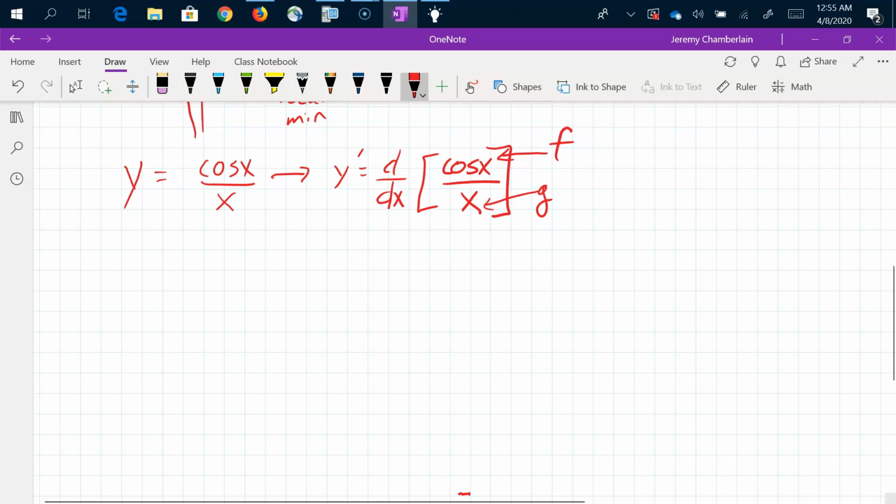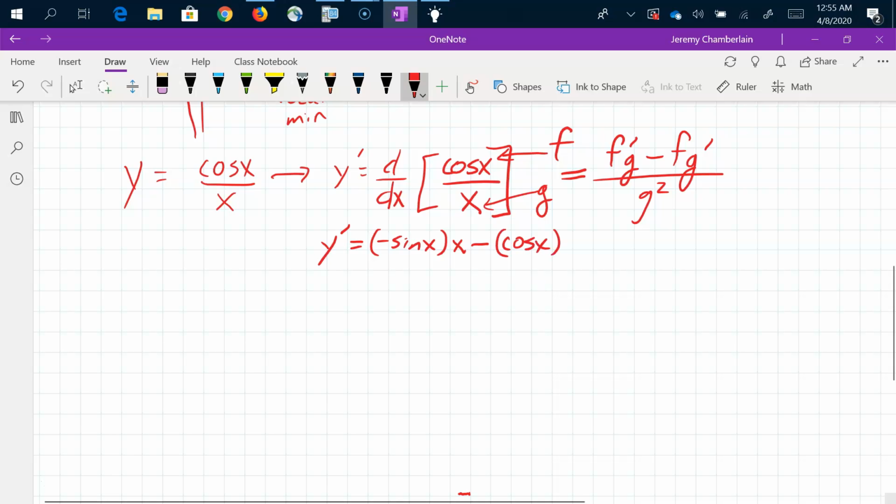And so I'm going to use the quotient rule here. Okay, so f is the cosine function and g is just the linear function x. So f prime will be minus sine. And then g is just the function x, minus the numerator function, which is cosine x, times the derivative of the denominator, which will be 1. And then I'll divide that by the denominator squared, which is x squared.